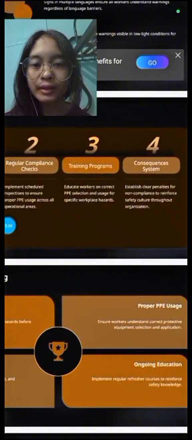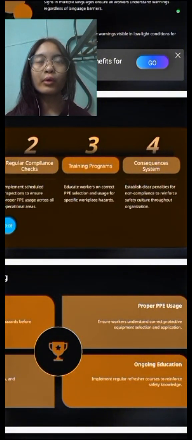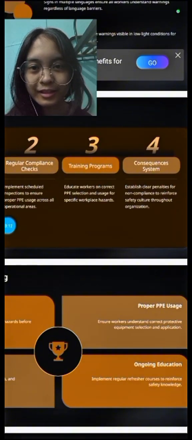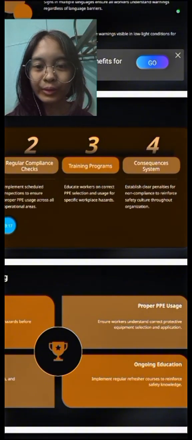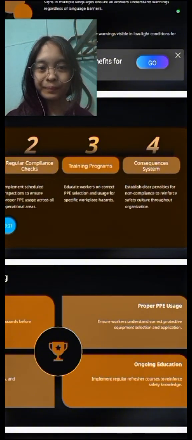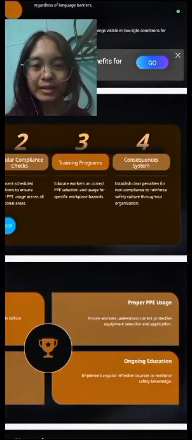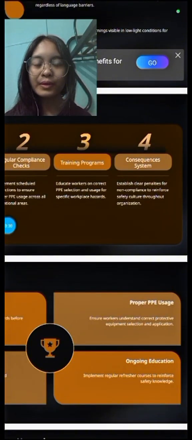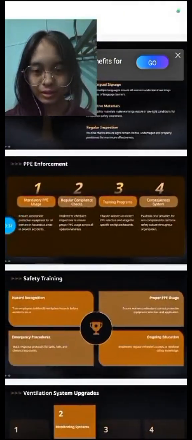Number 3, training program, to give awareness to employees and educate workers on correct PPE selection and usage for specific workplace hazards. For number 4 is consequences system, establish clear penalties for non-compliance to reinforce safety culture throughout the organization.